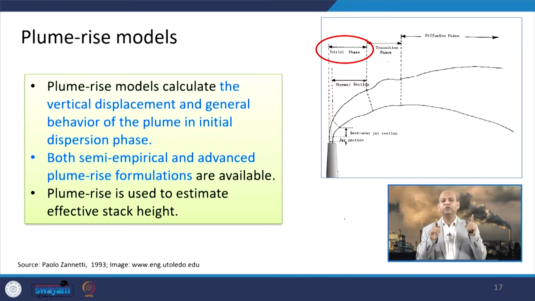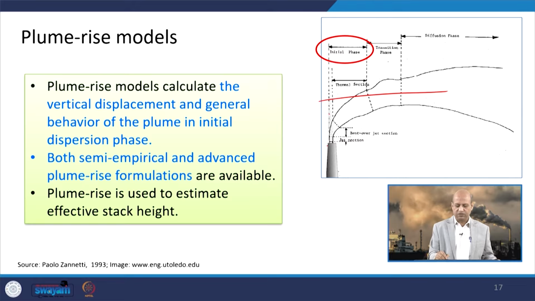Both these phenomena help the plume rise from this particular stack point to a certain height. We will measure how much this plume rise is, and those plume rise estimations are done by plume rise models. They really help us in calculating the vertical displacement and general behavior of the plume in the initial dispersion phase. Afterwards, Gaussian dispersion will consider it, and it will be estimated accordingly.